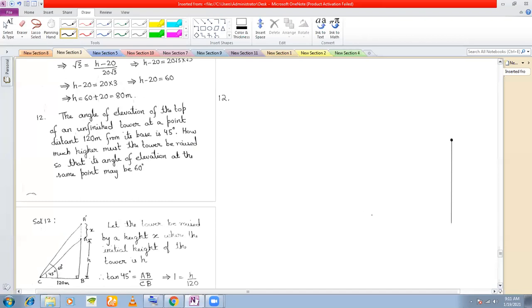It means that the object is at an elevated position and the observer is at a depressed position. Say the observer is standing over here, and the angle of elevation of the top of the tower is taken at a point distant 120 meter from its base. This is the base of the tower, so this distance is 120 meters.